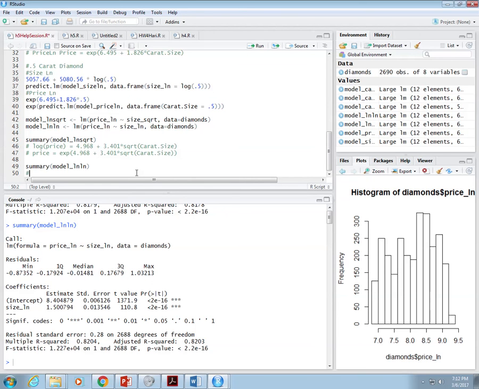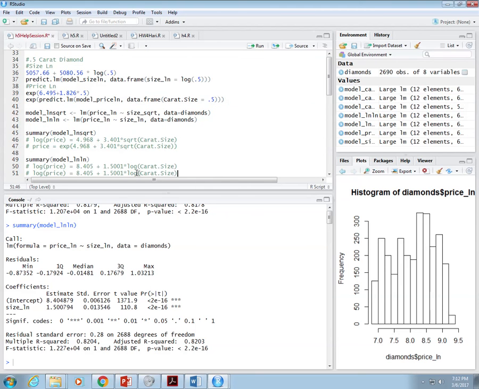It's all gibberish to me, but we write out the formula again. And I can transform it by just getting rid of the log on the left and exponentiating everything here on the right.